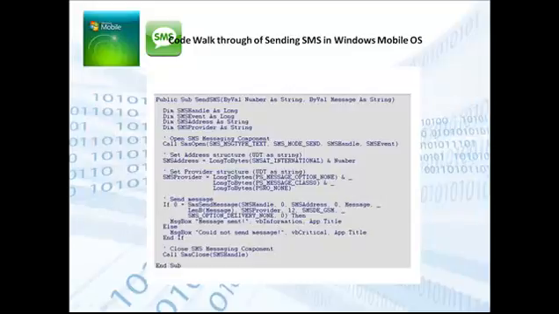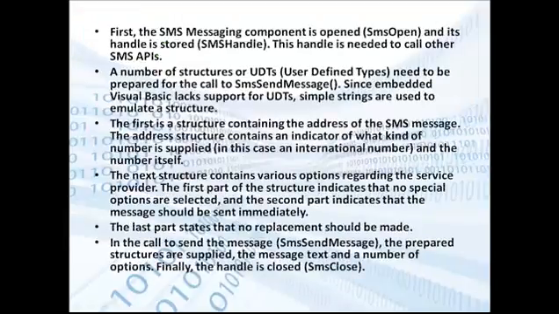This handle is needed to call other SMS APIs. A number of structures or UDTs need to be prepared for the call to the SMS send message method. Since embedded Visual Basic lacks support for UDTs, simple strings are used to emulate a structure.